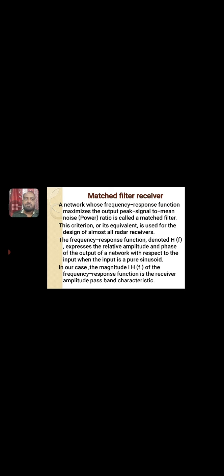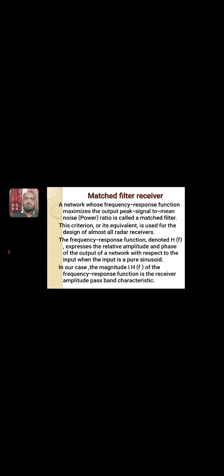In radar, the magnitude of H(f) is the receiver amplitude passband characteristics, because this is the first stage of any receiver. The receiver's first stage is a band pass filter, so these are its characteristics.